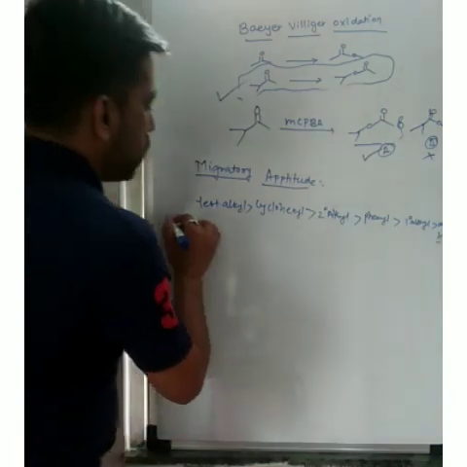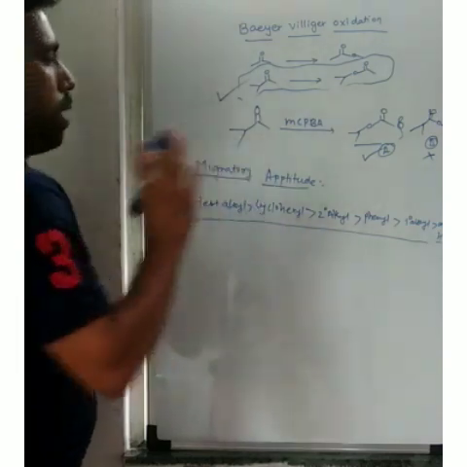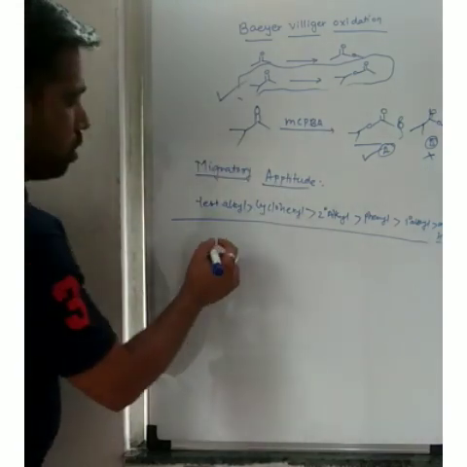This is the migratory aptitude for the Baeyer Villiger oxidation reaction. Using that migratory aptitude, we see a few examples.